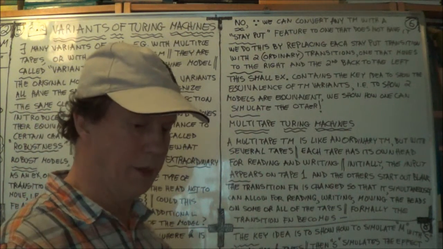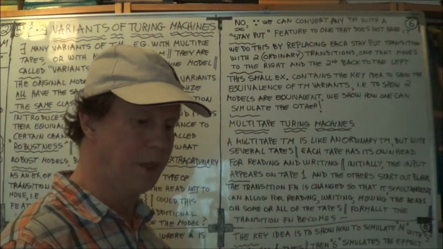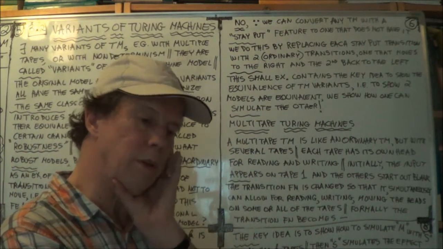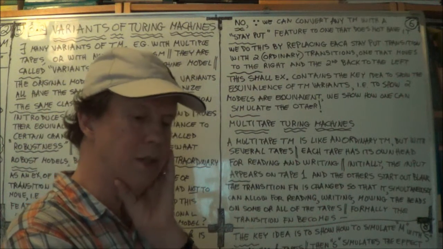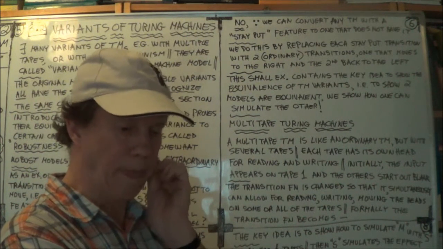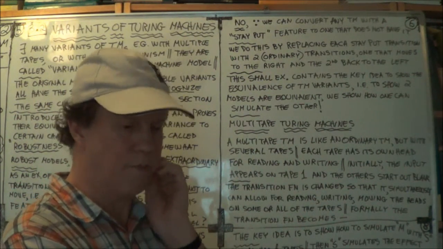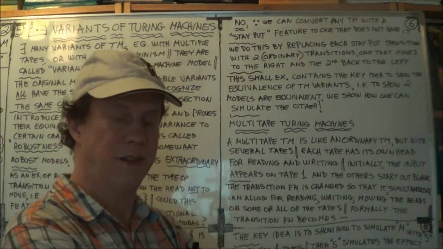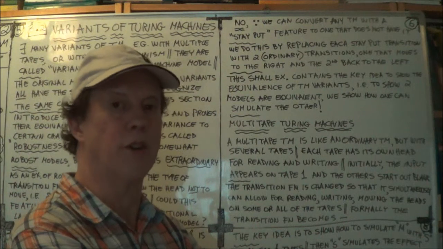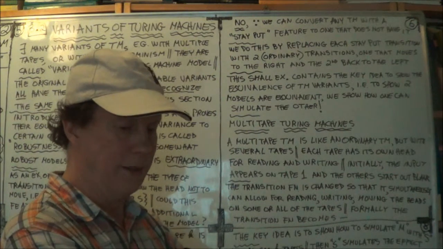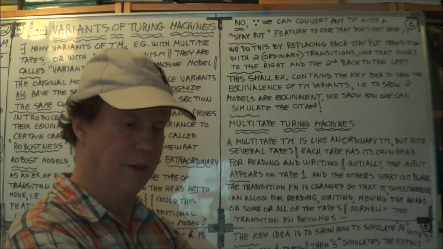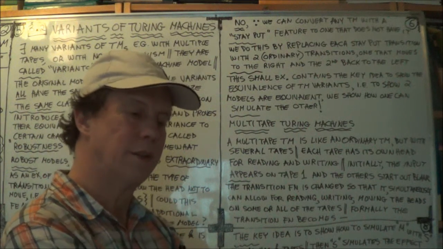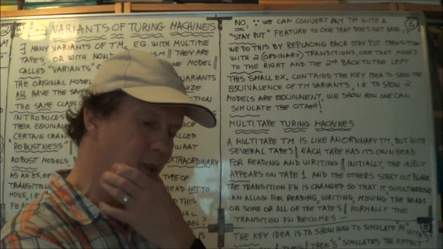So you might think intuitively that a multi-tape machine should be more powerful because it's doing more, more information, more things going on. It will probably be a lot faster, maybe more efficient, with things going on in parallel at the same time, computing faster than the single tape Turing machine.